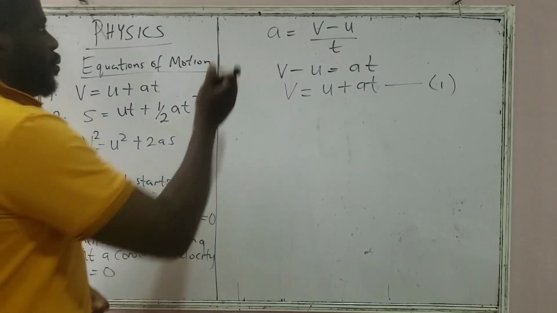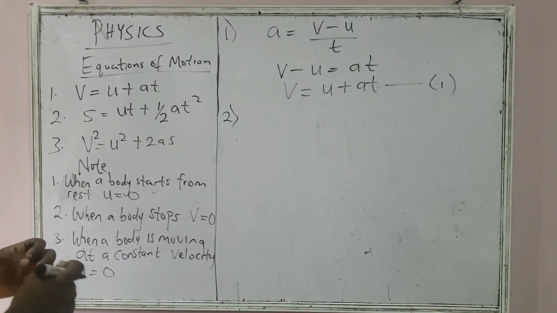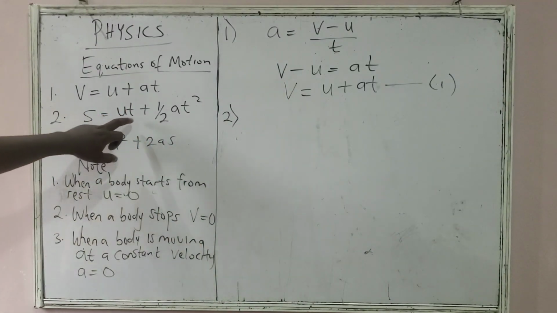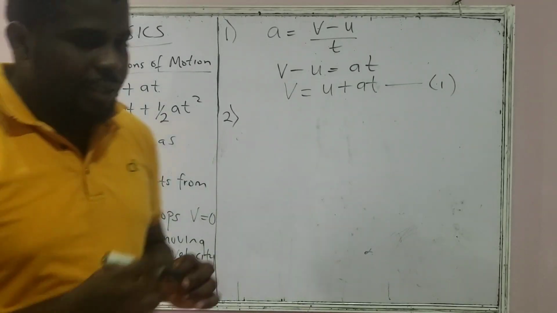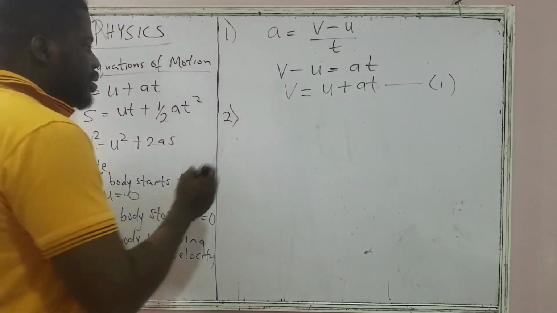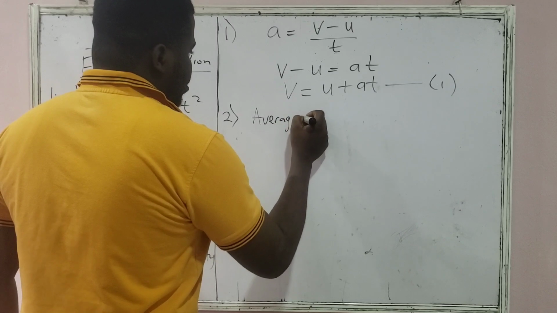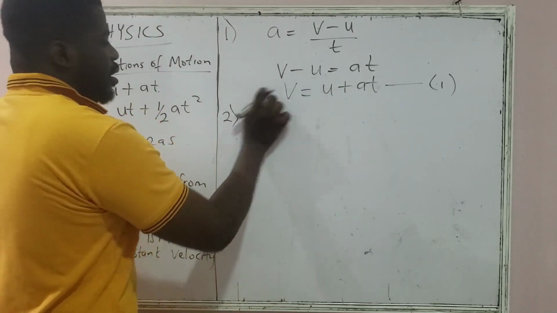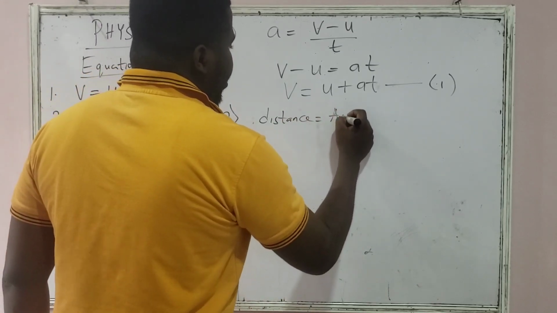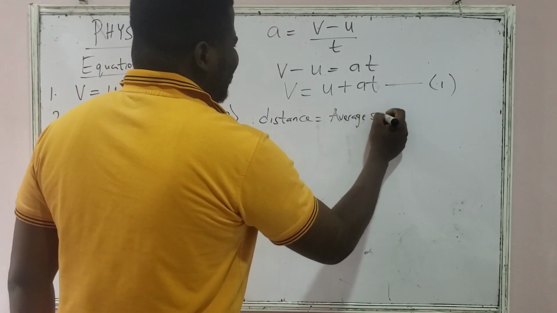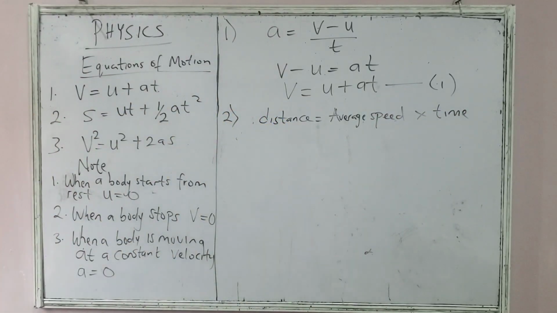So let me quickly do the second one too. The second one is S = UT + ½AT². From our knowledge of average speed, we know that distance is average speed times time.